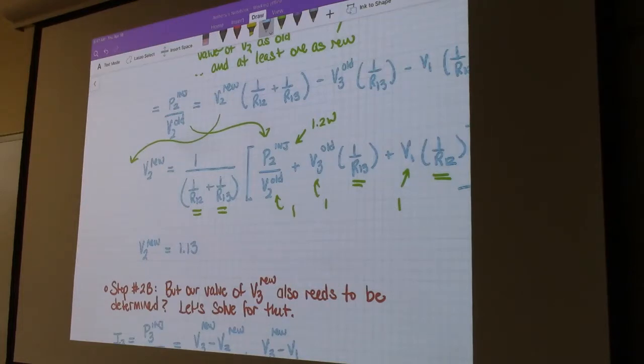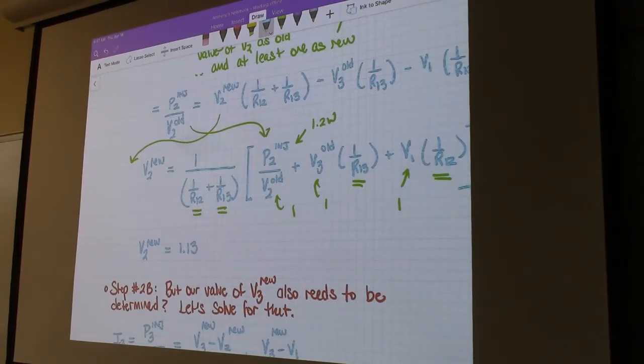After this example, we're going to stop using old and new. We're going to call it 0th iteration of V2, first iteration of V2, and when you use the numbers, it makes it a lot easier to keep track of everything. But for the first example, I think using old and new gets across the idea a little bit better of how they relate to one another.